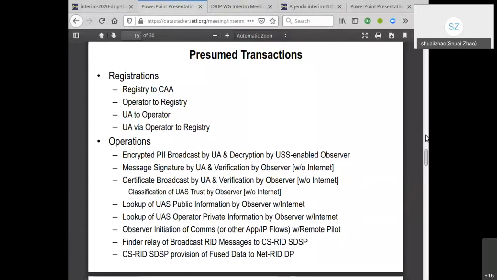But right now, there's nobody on the call from USS or UTM, right? I think the last time, a person from Airbus was joining the call. He didn't say much, but eventually that might be a little problem for us.